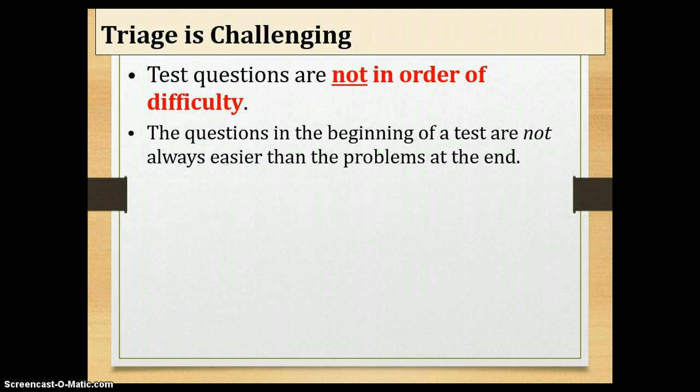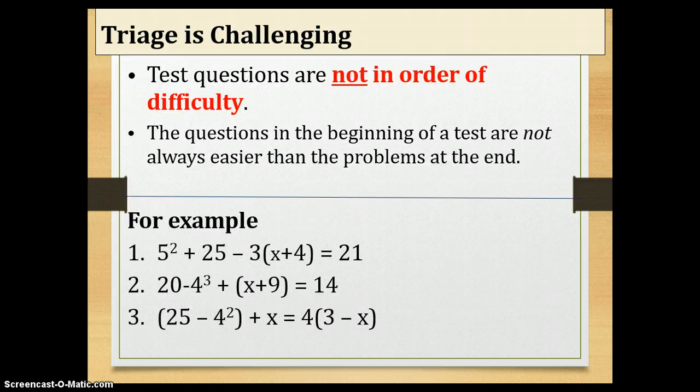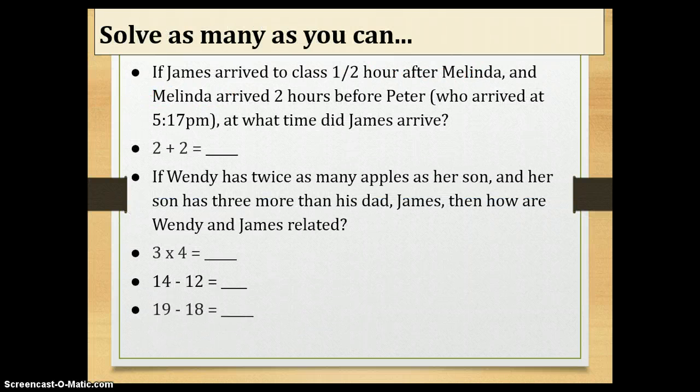So, for example, if we're trying to solve the easiest problems first, we can't necessarily just go 1 through 45. Or a more specific example, we can look at these 3 problems. Notice how we can't immediately tell which is the easiest problem. Or if we look back at the original example, we can't necessarily assume that the 1st, 2nd, 3rd, 4th, 5th, 6th are going to be ordered from easiest to hardest.